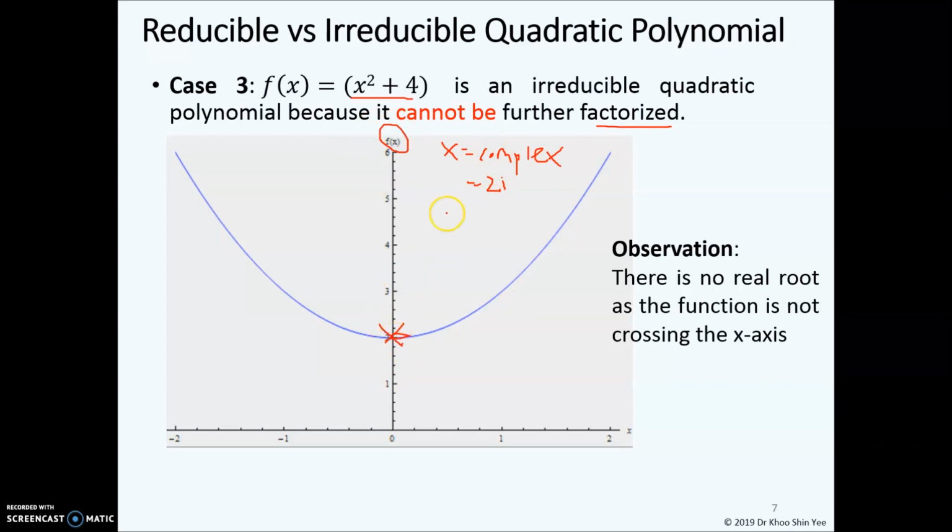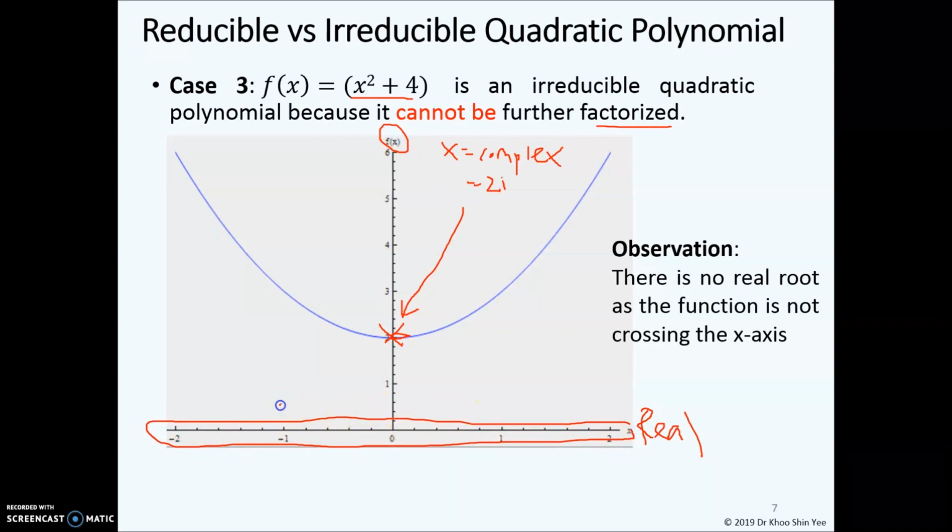So this is your root, 2i. This is your real axis. You see there is no curve crossing this, so there is no real root. Therefore, in this case, we cannot factorize the polynomial function.